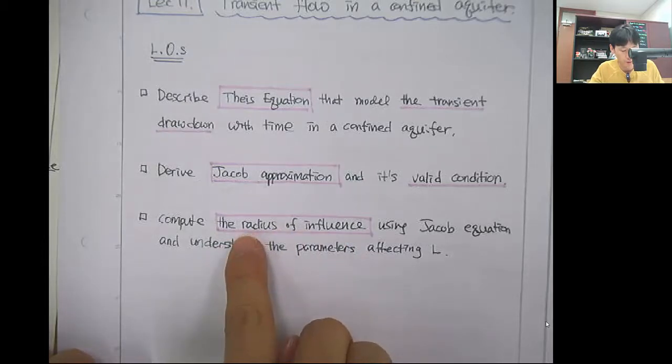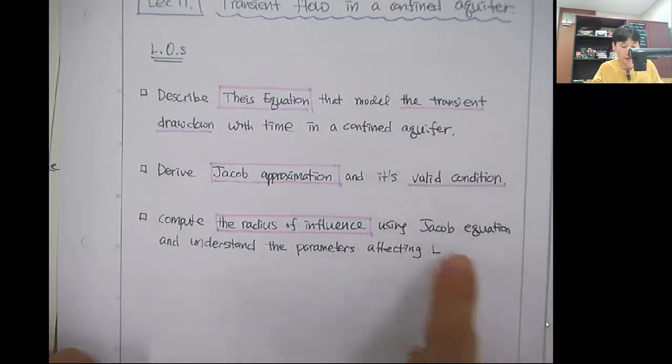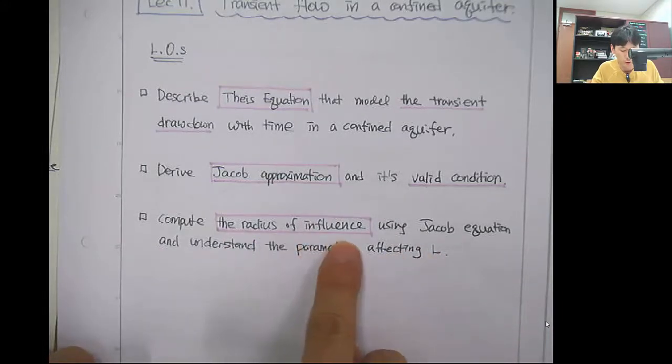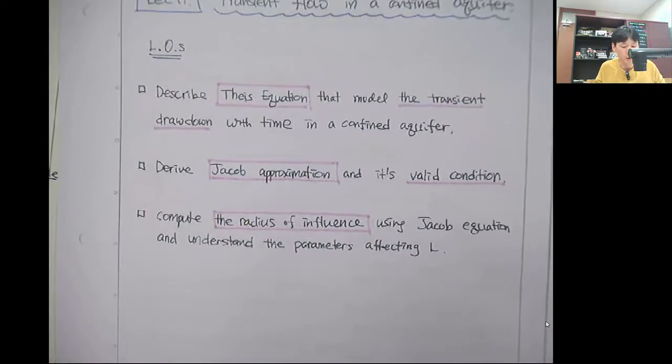We derived the equation to calculate this radius of influence using the Jacob equation. And the radius of influence, L, is affected by time, transmissivity, and the storage coefficient, but not by Q.